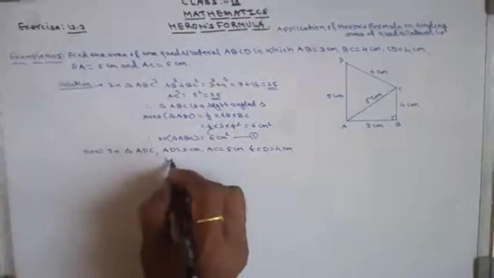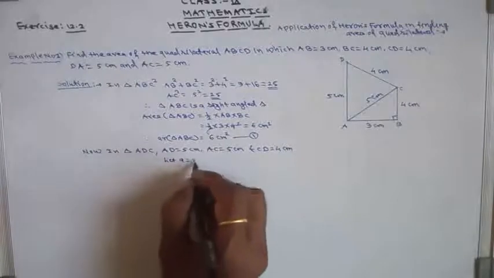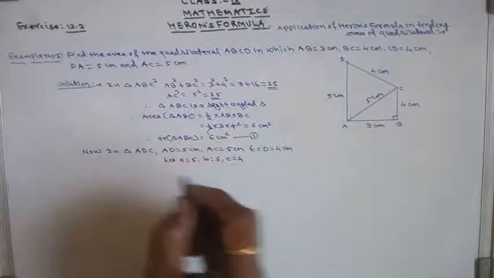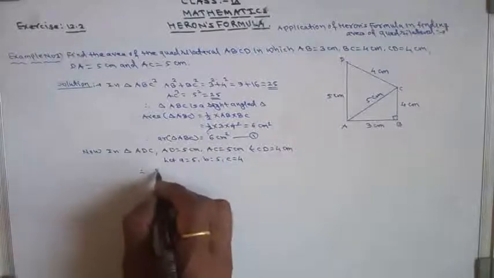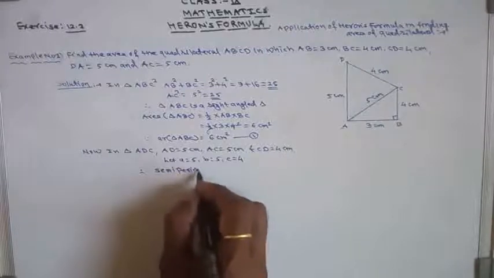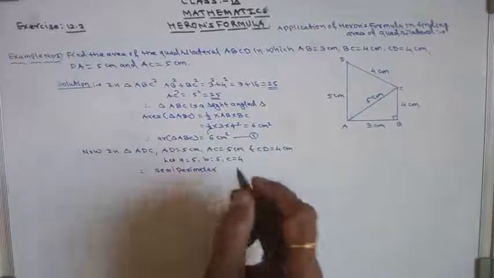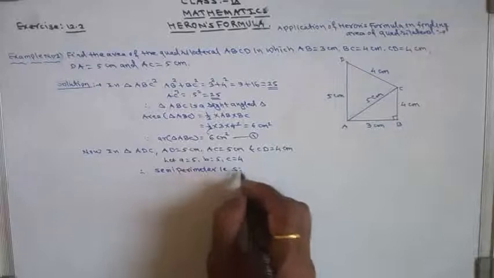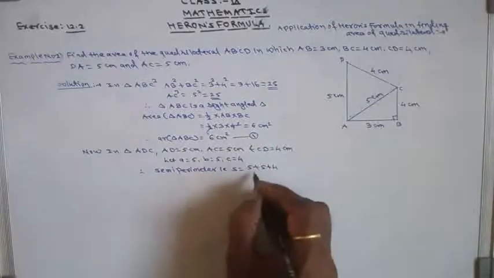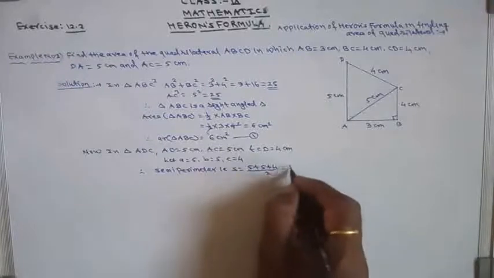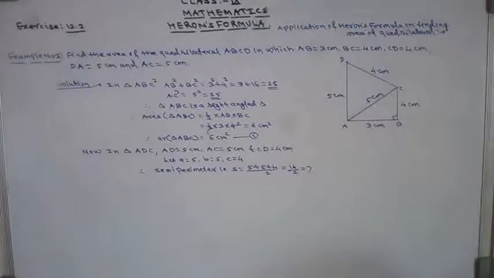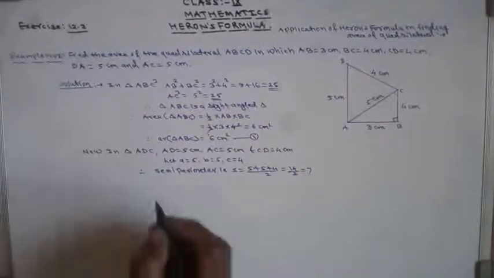Let us assume A is 5, B is 5 and C is 4. Therefore, the semi perimeter of this triangle, S equals 5 plus 5 plus 4 upon 2, 14 upon 2, that is 7. So 7 is the value of S.